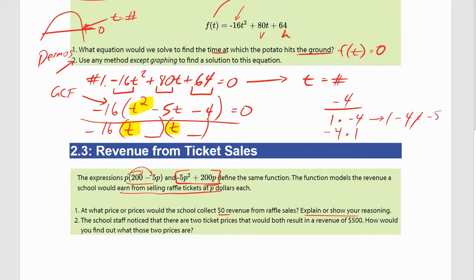I want you guys to go ahead and try to figure out your answer for this one. And the funny thing is, are you trying to plug in 0 for p, or are you trying to set that whole expression that you've received to 0? So go ahead and try to solve that one, and I'll come back to you guys.